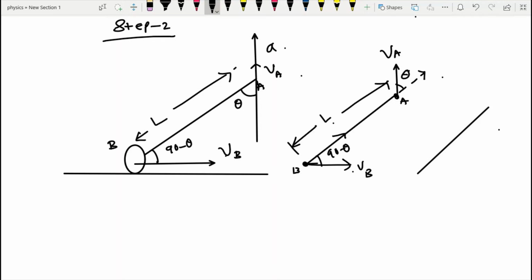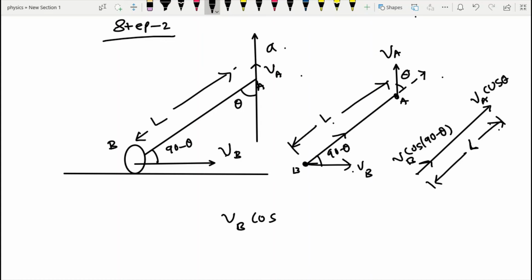Velocity along this direction is VA cos theta, and the velocity component of VB is VB cos(90 minus theta). But the length of the thread is constant, it is always L. So VB cos(90 minus theta) must be equal to VA cos theta.